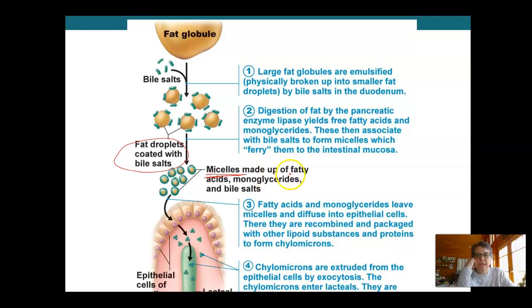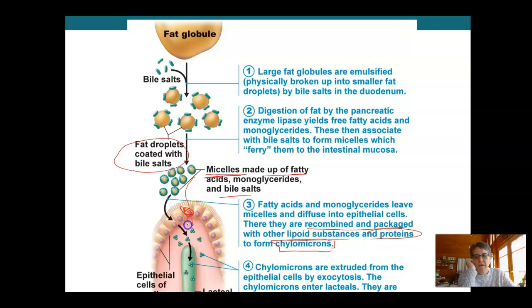So these micelles are bile salts with smaller fat droplets, and this is what is able to cross into the villi cells. They cross into the villi cells, and then they're repackaged with proteins, and now they're called chylomicrons.